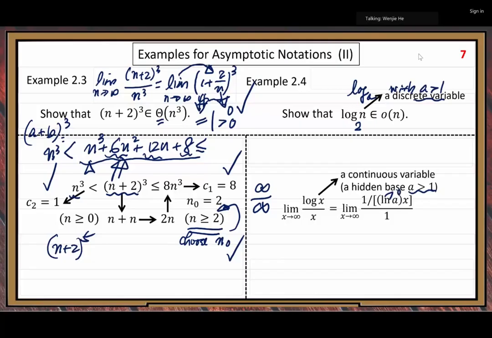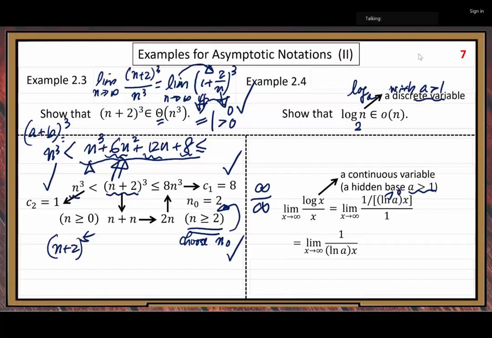But it's a constant. The denominator, its derivative equals 1. So after simplification, the limit we want to calculate, we get 1 over natural log of a times x.